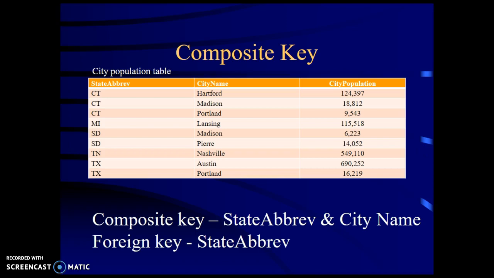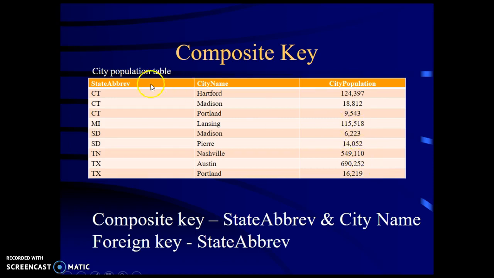Let's take a look at a table in which we have no candidate keys. If you take a look at state abbreviation, we do not have any unique values. If you take a look at city name, we have the word Portland twice. So that's not going to be unique. That cannot be a primary key. And the state population is a changing value, so it could not be unique, even though in this example it does look like a unique value.